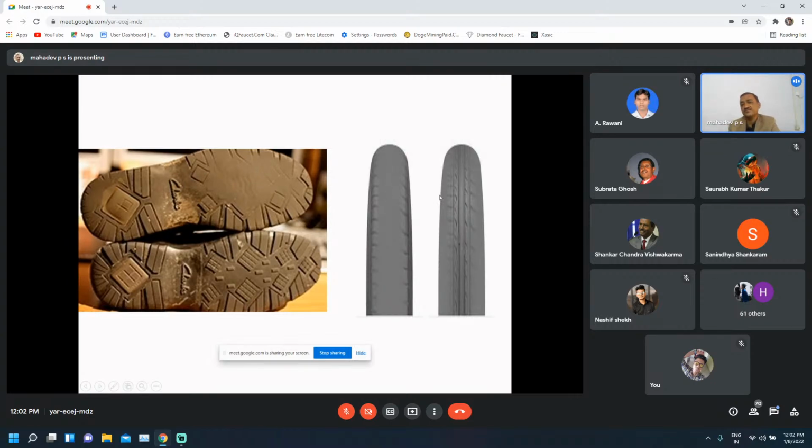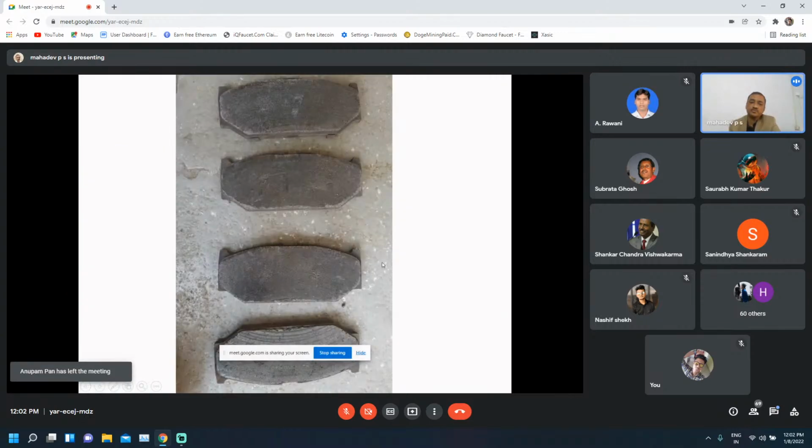Similarly, of the two tires, the left one has a smooth surface, while the right one has the natural tread of the tire. The left-hand tire is more worn due to material loss because of its usage.